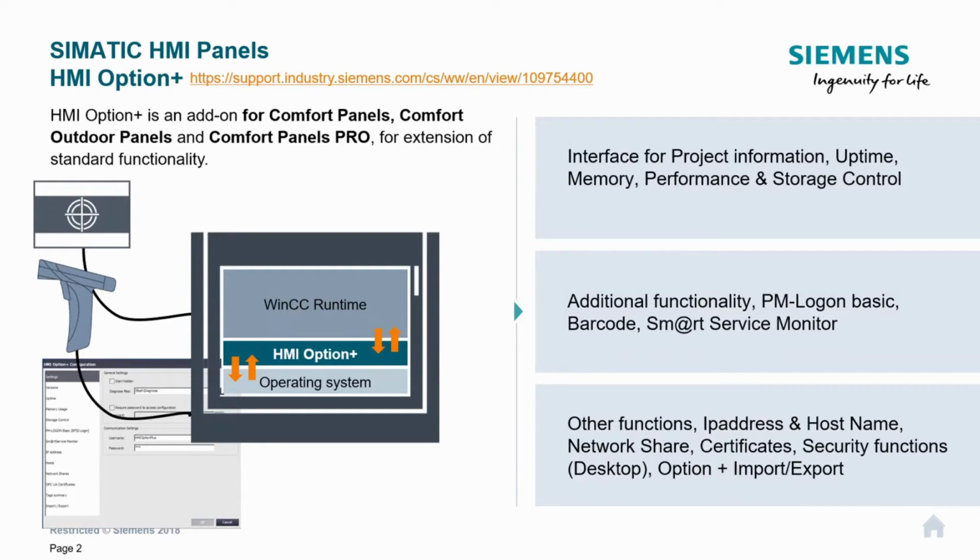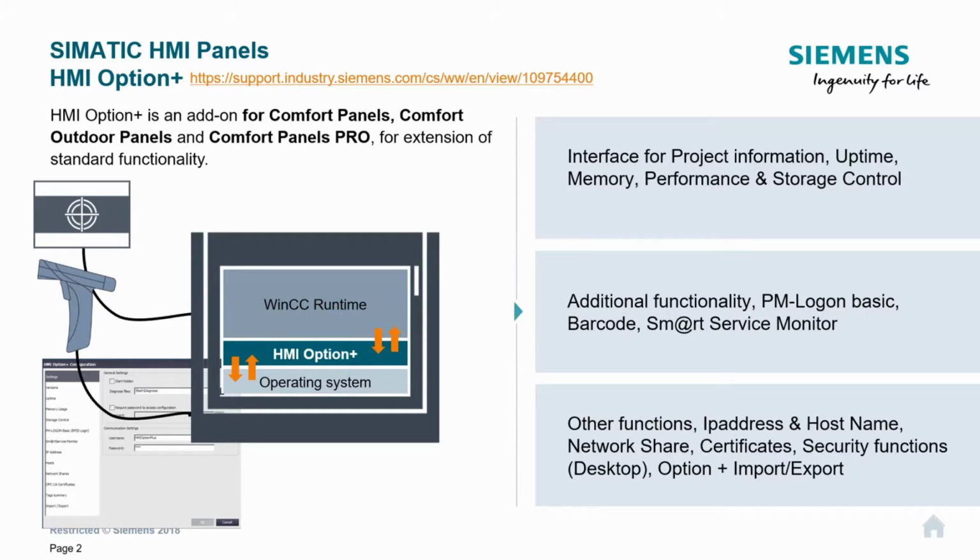One of the ways we can do this is with the HMI Option Plus extension. This is available for a range of the traditional comfort panels, as you can see, including the Comfort Panel Pro edition as well. But what is HMI Option Plus? Well, HMI Option Plus is actually an interface which links our WinCC runtime on the panel to the operating system.